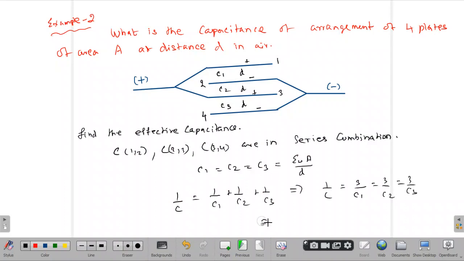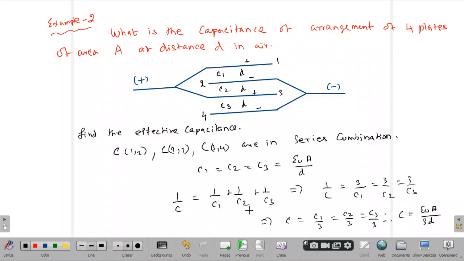And this implies the effective capacitance is either C1 by 3 or C2 by 3 or C3 by 3, and therefore the effective capacitance is epsilon naught A by 3D. So this is the answer.